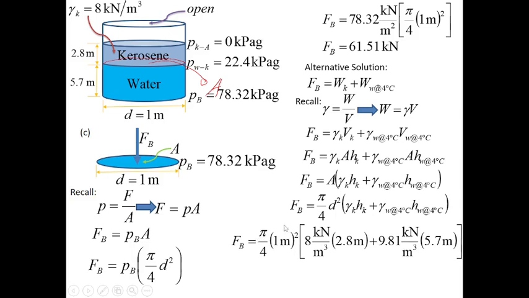We can now substitute pi over 4, 1 meter squared, unit weight of kerosene, 8 kilonewton per cubic meter, height of kerosene, 2.8 meters, plus 9.81 kilonewton per cubic meter, this is for water, multiplied by 5.7 meters, which is the height of water at 4 degrees Celsius. And we will get the same answer of 61.51 kilonewtons. Alright, so we can now proceed.